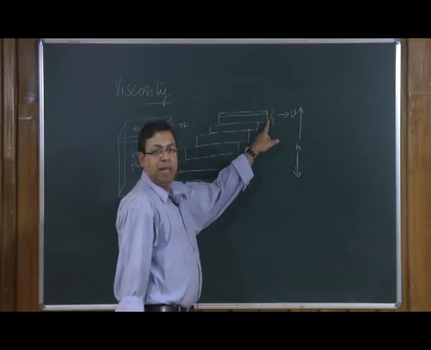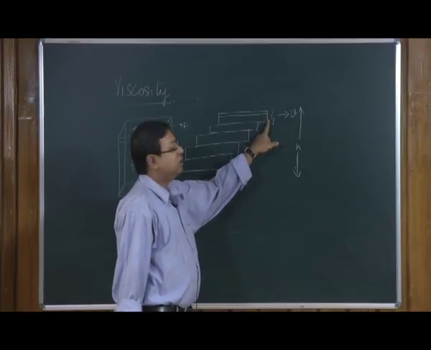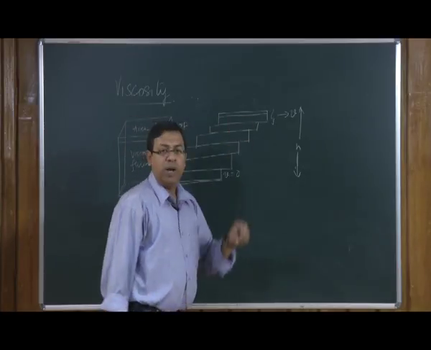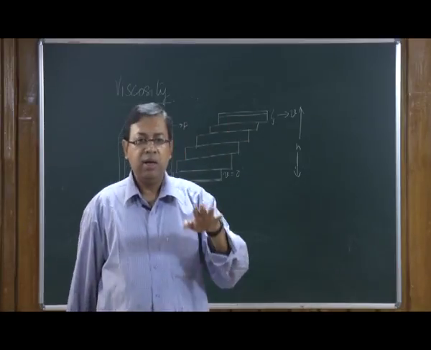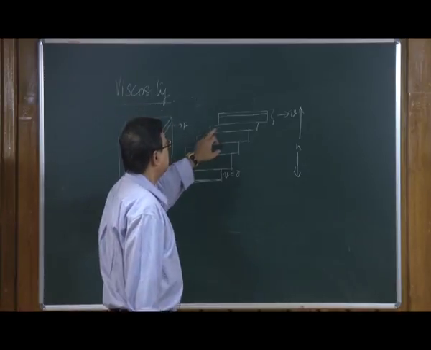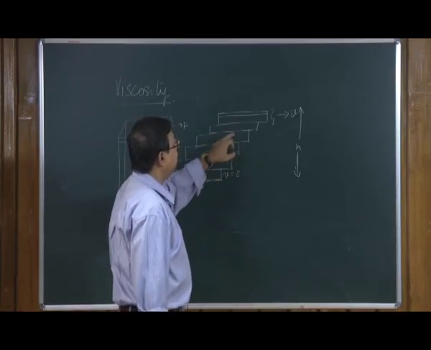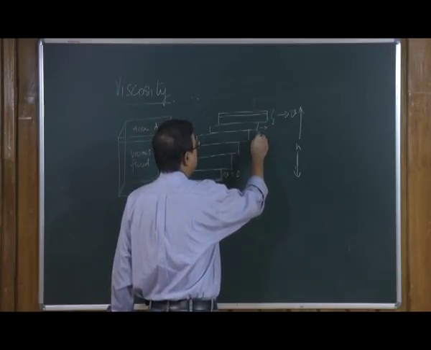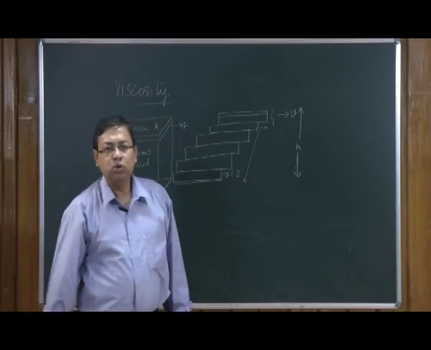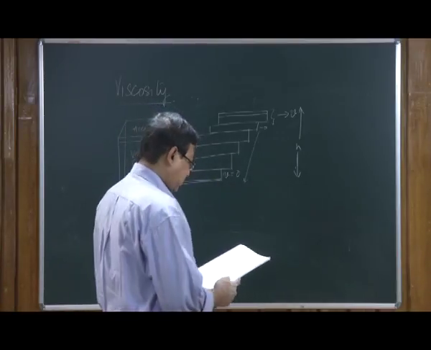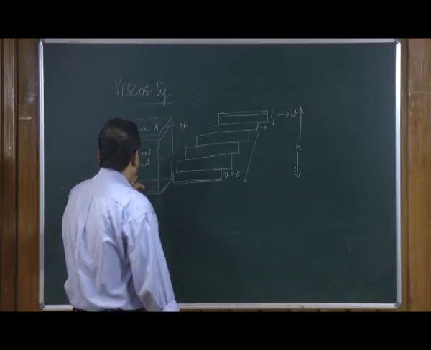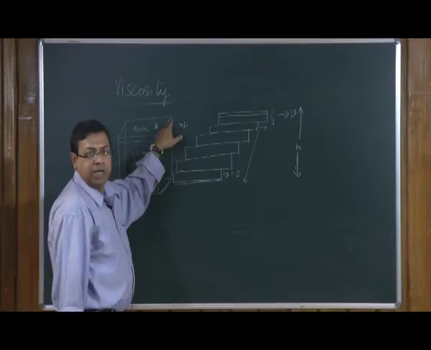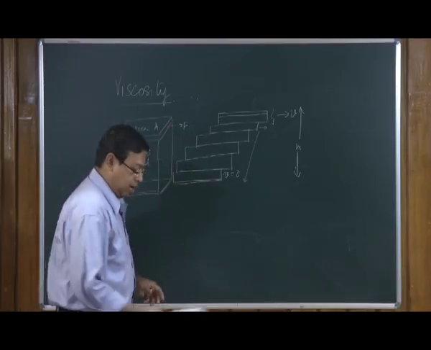The top lamina is moving with a velocity v because of the application of this force, and the subsequent lamina below that are moving with lesser velocity, and the velocity actually goes down to 0 as you come down to the bottom layer. And the more the viscosity of the fluid, the more force would be required to keep it in motion.